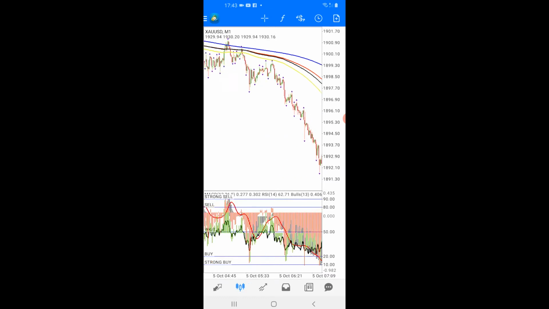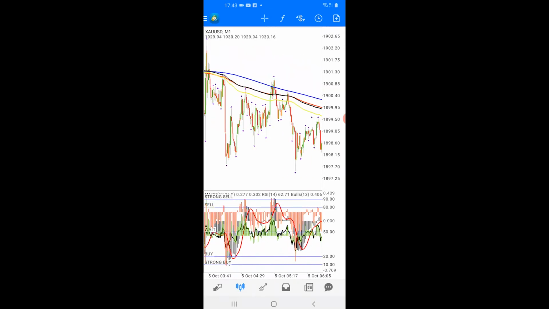But so long as they have not started gapping, especially as you can see the black one, which is the 210 moving average, is seriously lagging with the 300 moving average.